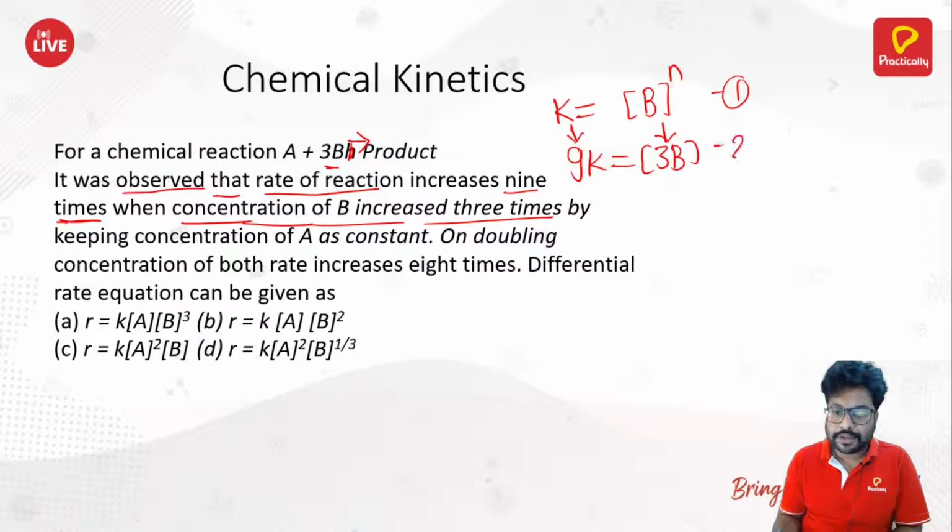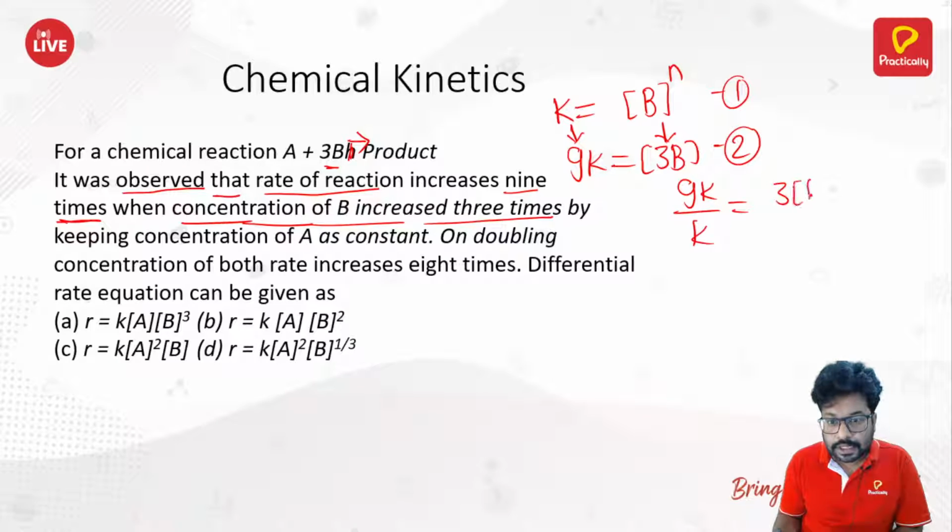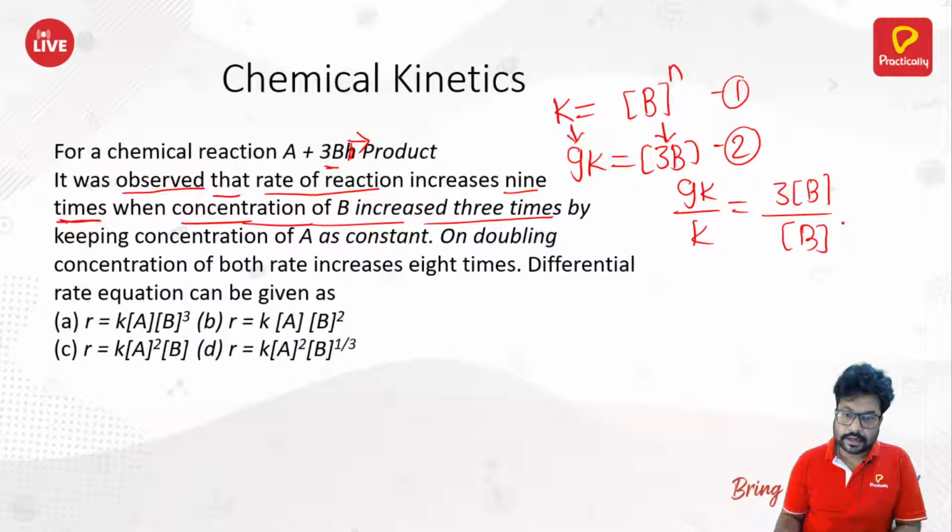Equation 1, equation 2. How can we calculate the value of N? See, 9K divided by K is equal to 3B divided by B, raised to N, right?